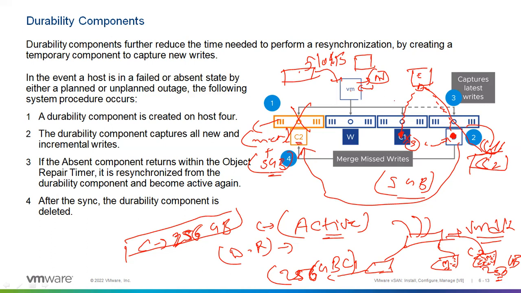Because whatever is coming here, first you will be writing to your VM, and if your VM is lacking disk, then it will show a warning here itself, and you have to increase it, right? These are, at the end of the day, components. These are not a kind of disk. If you increase it accordingly, maybe the next component will be created. Maybe the mirror copy will be placed on another host. Correct? So it should not be a challenge at all.